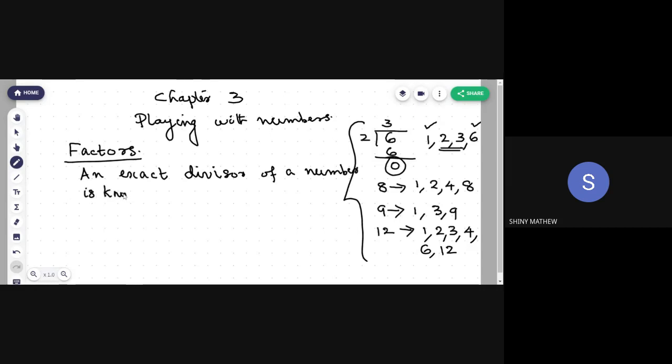Amala is saying the answer correctly. Very good. An exact divisor of a number is known as a factor of that number. Exact divisor, you underline that.